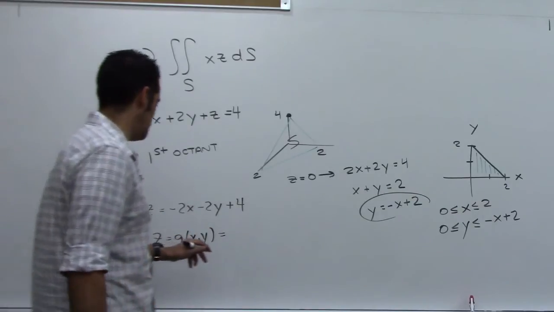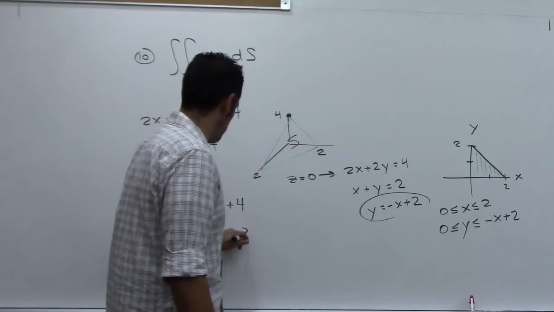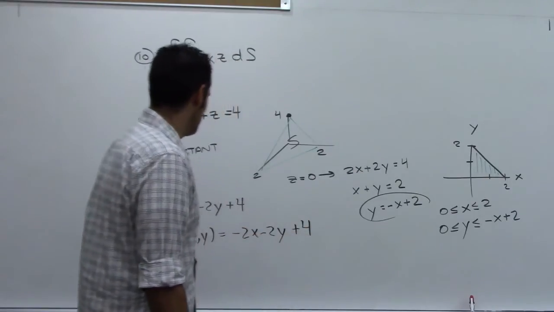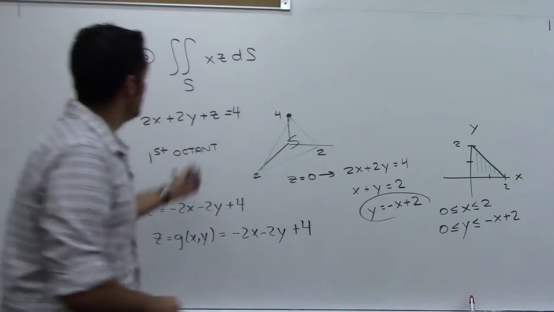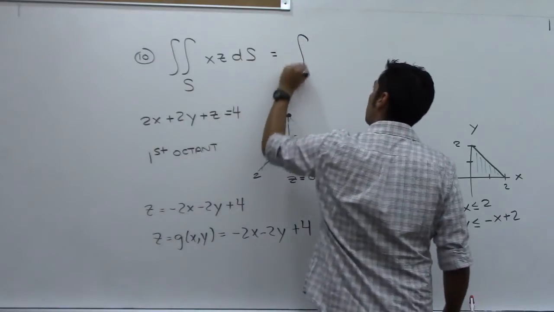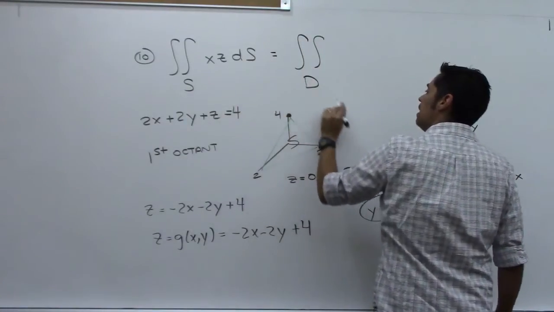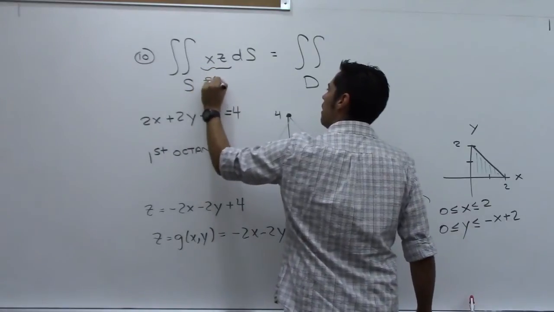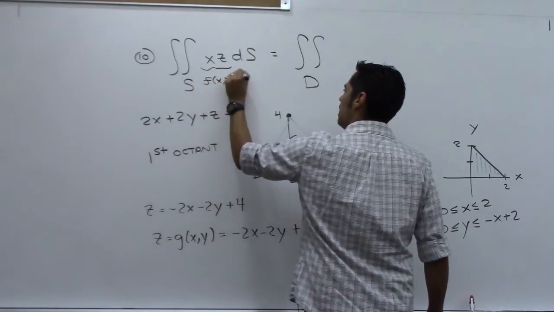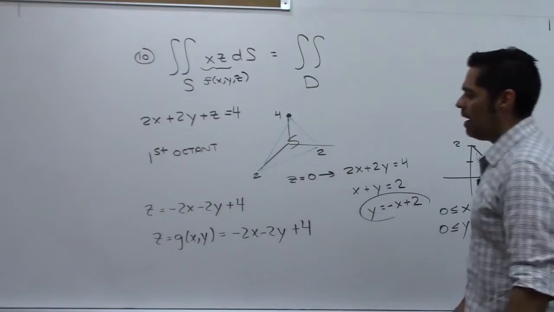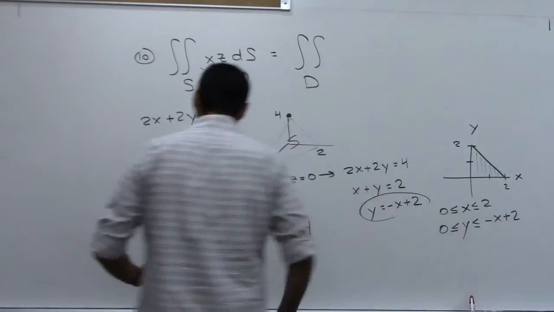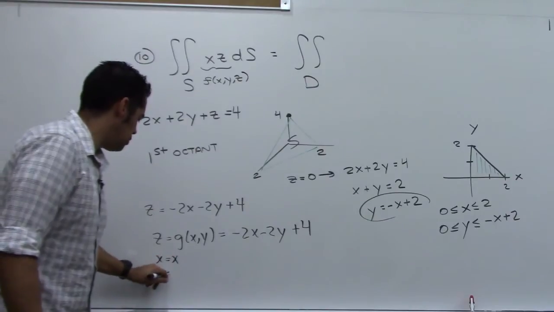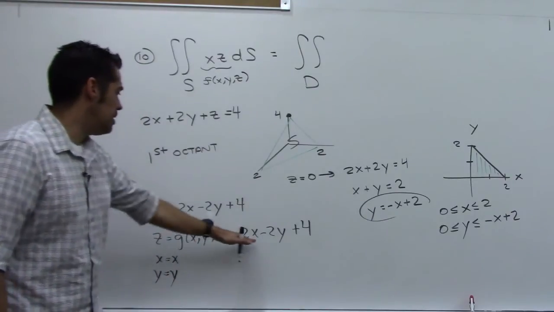So this gives me my special case, so I can use that shortcut. So when I convert this into the double integral over D of F of x, y, z, I'm just going to remember that because this is a special case, x is just x, y is just y, and of course z is this.